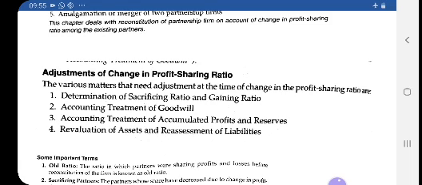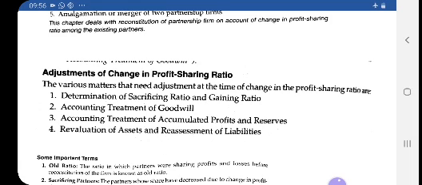If nothing is specified, then you simply distribute the profit and reserves given on the liability side of the balance sheet among the partners in their old profit sharing ratio.